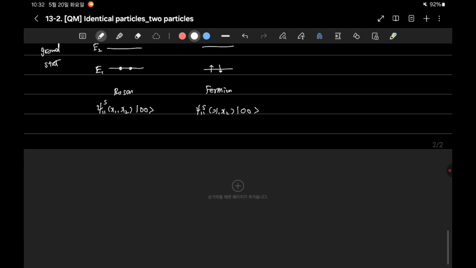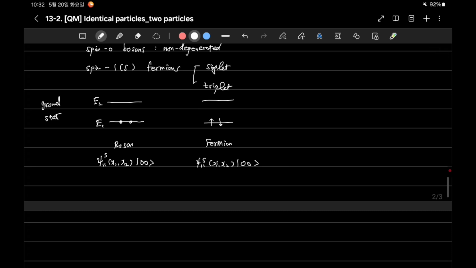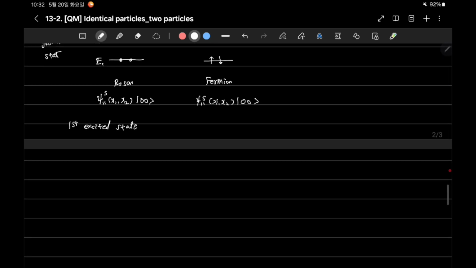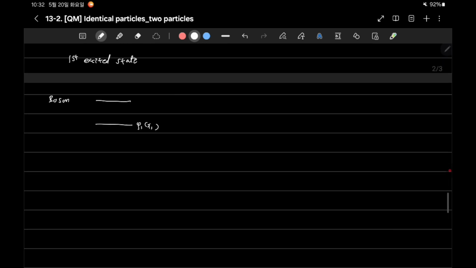How about the excited state? First, the excited state case, for example, in the boson case: particle x1 at quantum number 1 and particle x2 at quantum number 2, so one particle is in the ground state and the other in the first excited state.